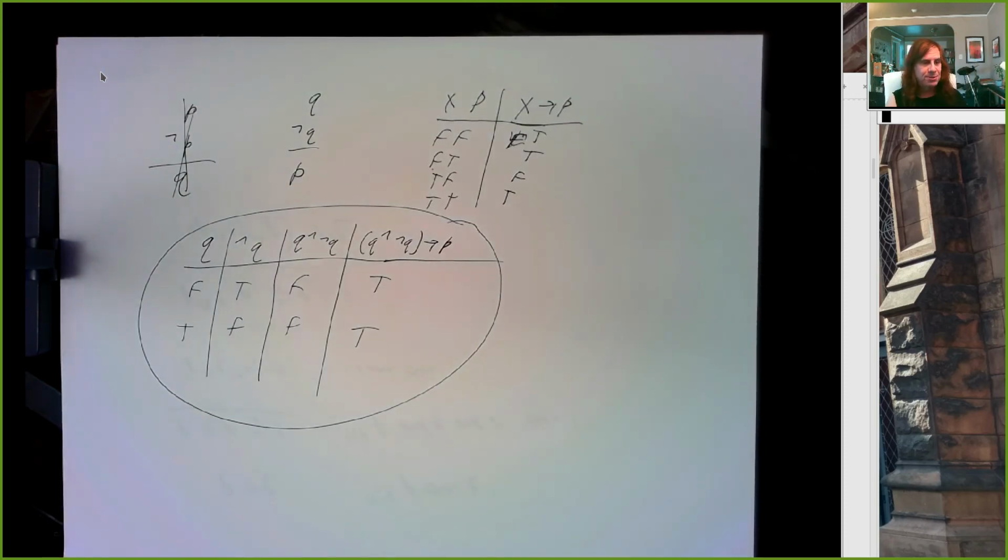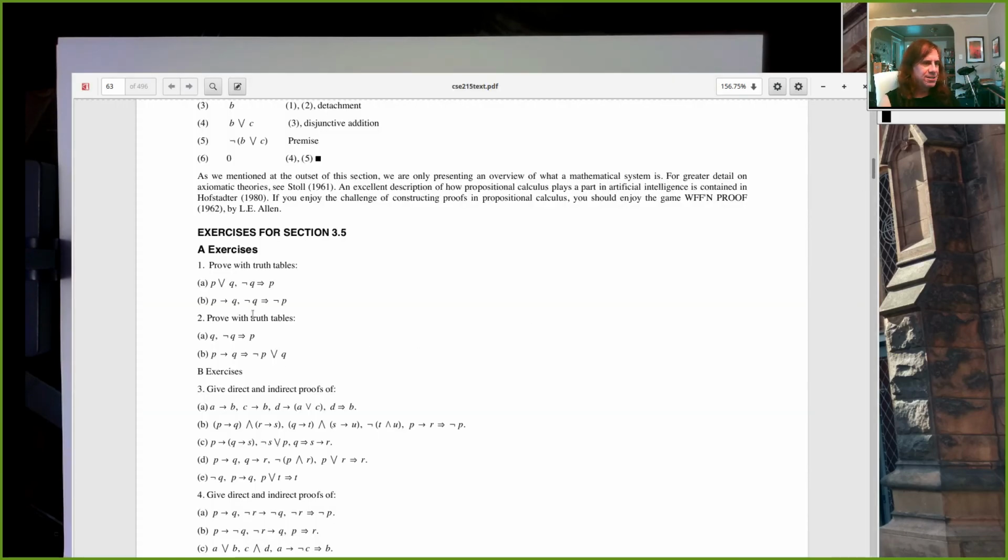Now that's weird. This is saying Q and not Q implies I am a rock star, right? And that is a true theorem. Absolutely 100% correct from the standpoint of propositional logic.